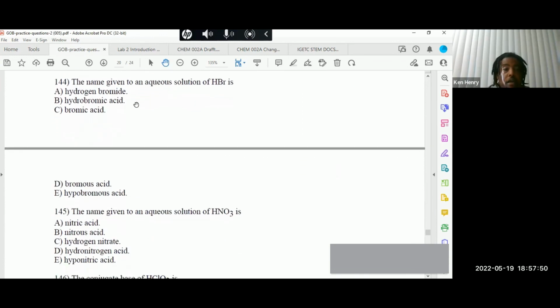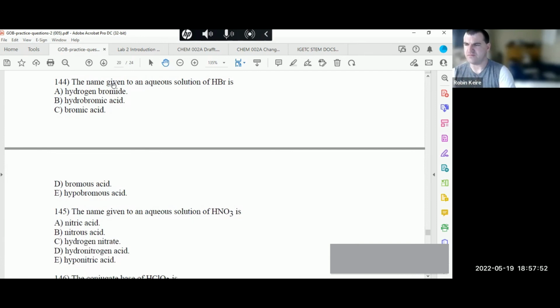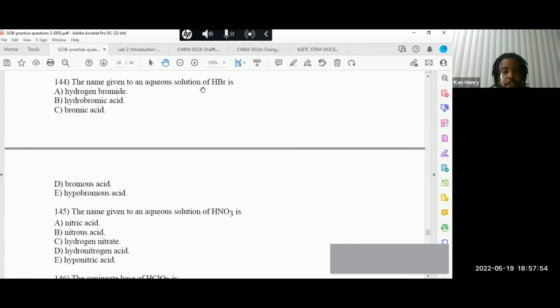Okay. 144. The name given to an aqueous solution of HBr is A, hydrogen bromide, B, hydrobromic acid, C, bromic acid, D, bromous acid, E, hypobromous acid. B?